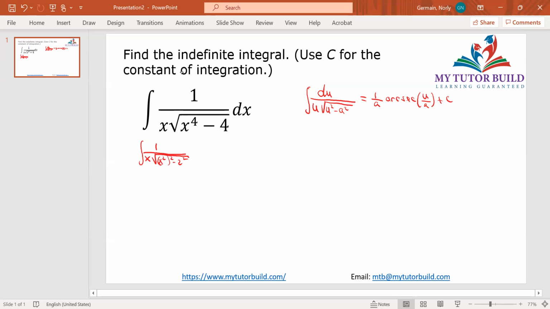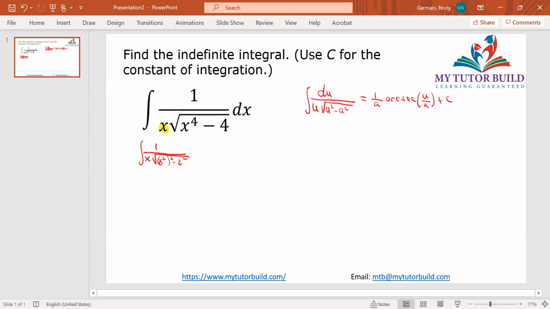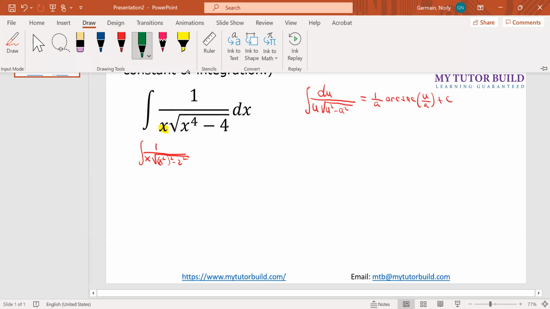But unfortunately, outside of our radical, we only have x, so that x cannot represent u. What we're going to do is perform some operations in these equations. So we're going to multiply the top and the bottom by 2x.